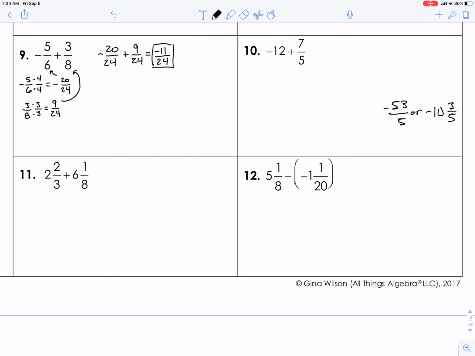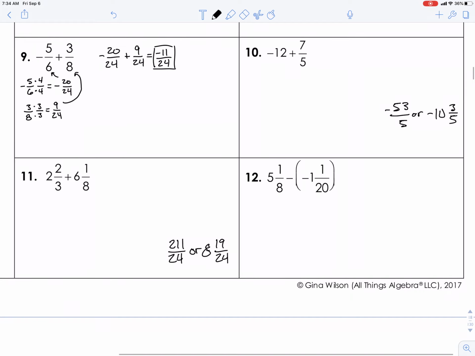Number 11, you should have gotten 211 over 24, or that would give you 8 and 19/24 once you convert it to a mixed number. Number 12 would have been 247 over 40, or once you convert it to a mixed number, 6 and 7/40. Okay? Hopefully you did pretty good on those.